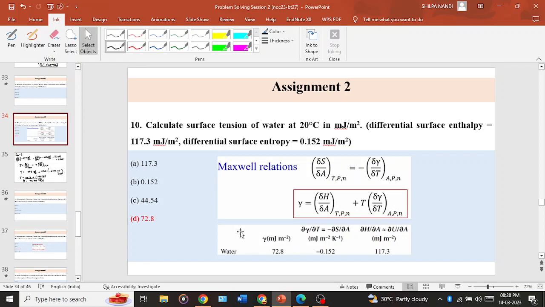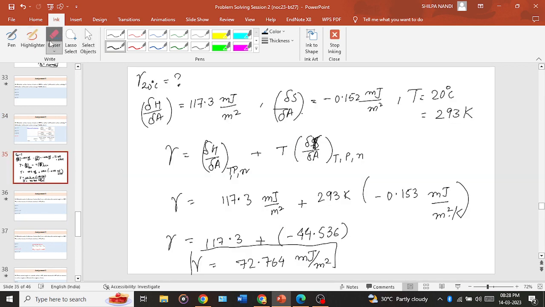So when we are writing plus, it will actually be gamma and not S. So we may just correct this thing. It will be gamma.